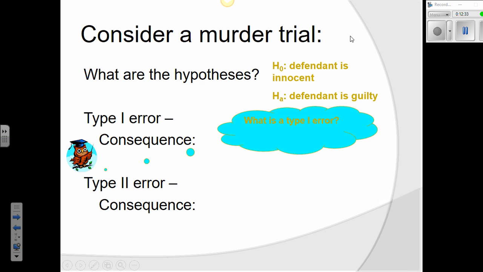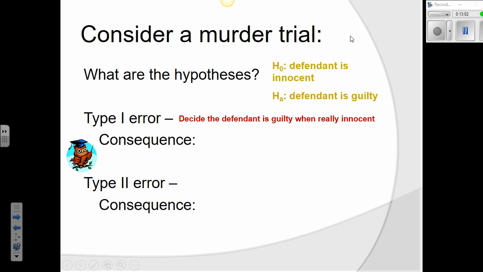So what is a type 1 error here? You didn't do it. You reject H0. And he said, you're guilty. But it's true, right? So what happens if you reject H0 here? So I want you to think about it. You're rejecting H0. You're saying that the defendant is not innocent, in favor of that they are guilty, right? But it's true that they're not guilty.